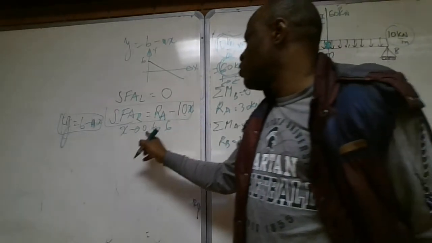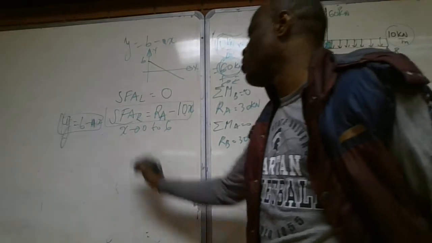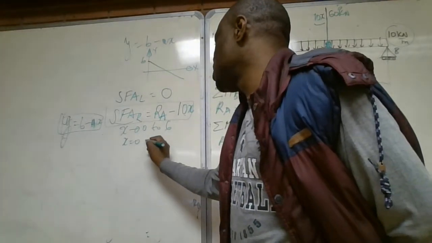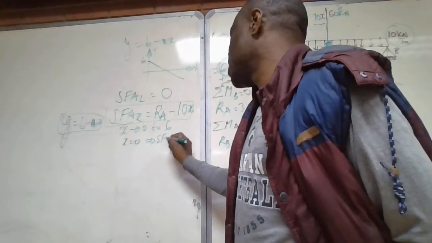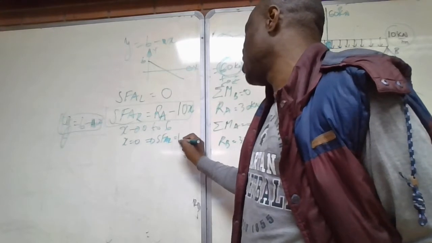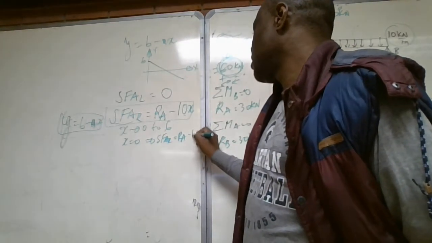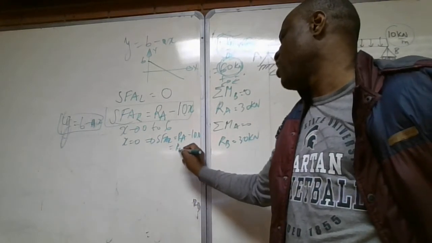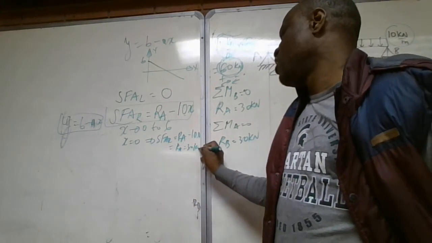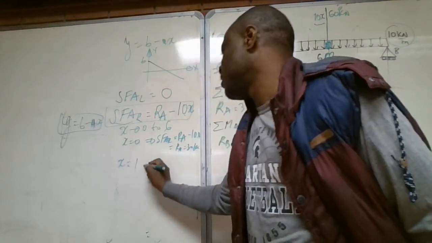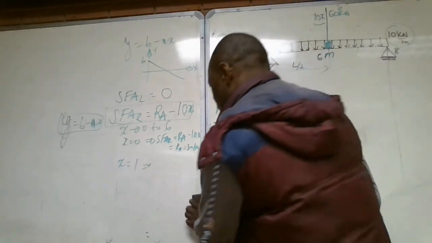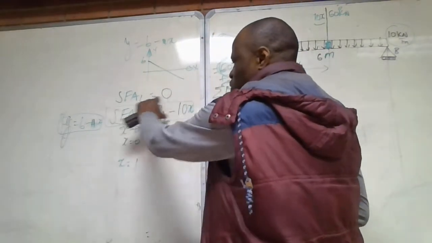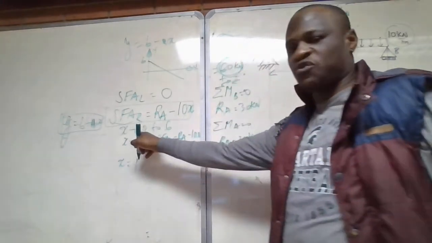Here, we need to express different values. For x equal to 0, the shear force at A right will be RA minus 10 times 0, because x is 0, and this will be RA, which is 30. For x equal to 1, we use this equation for x that goes from 0 to 6.